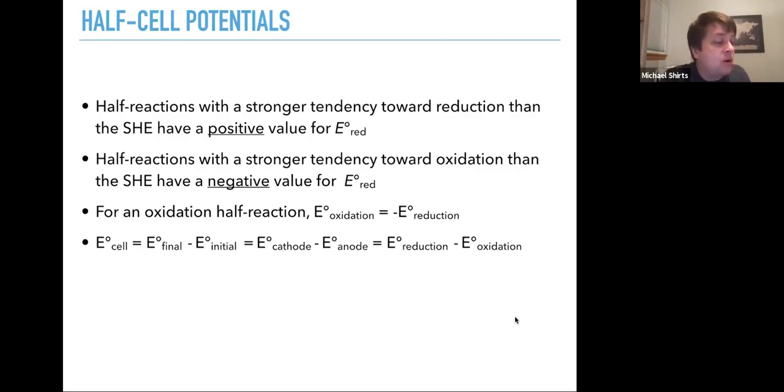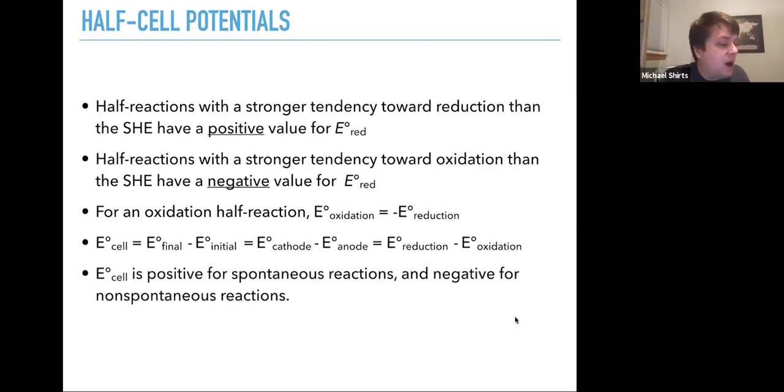And they start in the anode, where electrons are being lost from the chemical system into the electrical system. So it's E final minus E initial, E cathode minus E anode, and E reduction minus E oxidation.